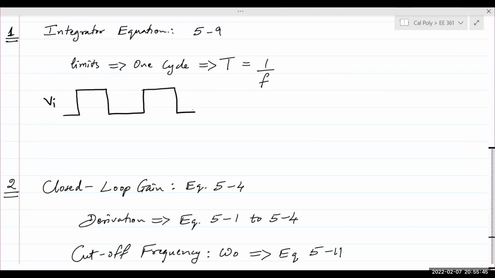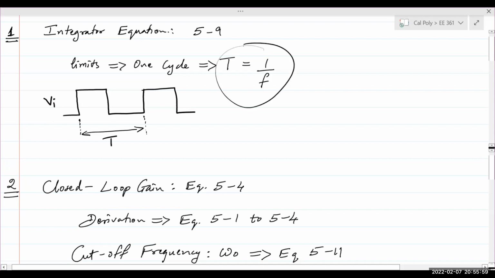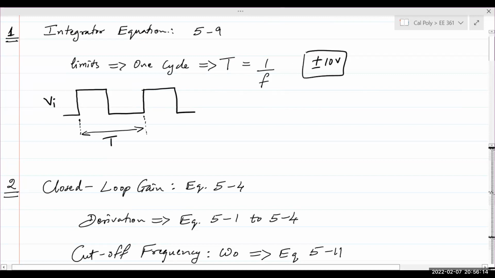One cycle, again from the basics of E201, would include one positive and one negative cycle, which is one time period. Time period T is equal to 1 over f, the frequency, which is given to you. The amplitude of the square wave is also given to you, and it's varying between plus and minus 10 volts.